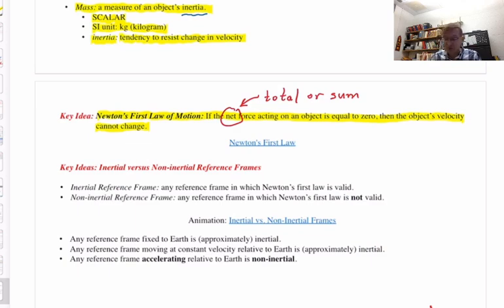So what you have to do is take all those force vectors and add those vectors, vector addition, chapter 3, to get the total or net or sum of the forces and see what you get. And if the total or the net or the sum of the forces is equal to 0, then the object's velocity cannot change. That's what Newton's first law says.